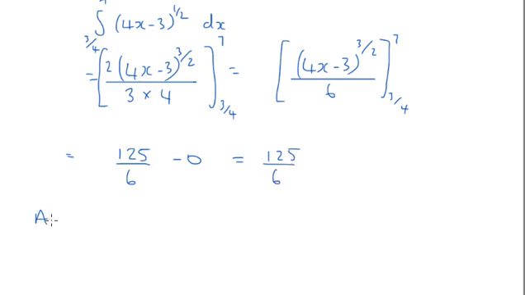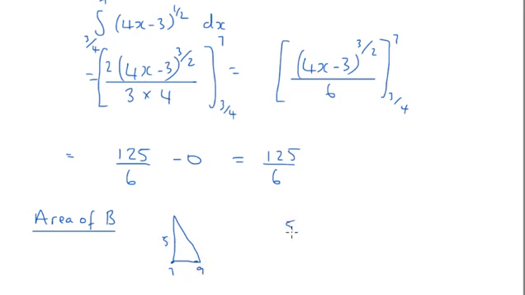Area of B was that little triangle. So we had it between 7 and 9, and it had a height of 5. I've drawn it the wrong way. 7, 9, and a height of 5. So the width is 2.